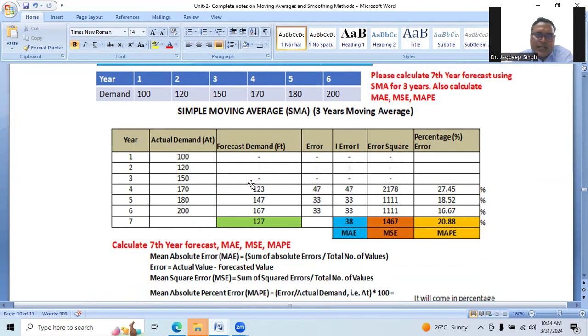Then again, we need to understand how to get the 3-year moving average forecast. There are two approaches actually. Different authors have given different views, right?